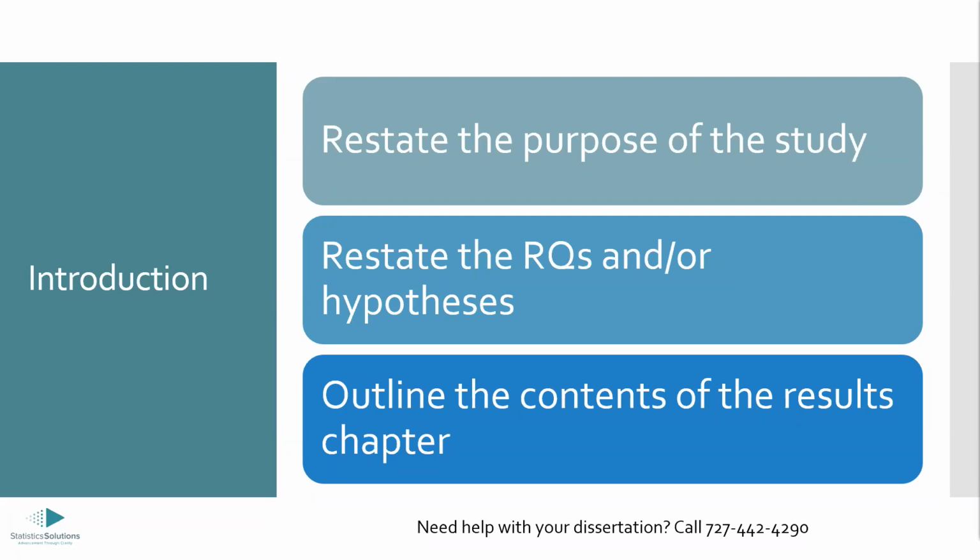This can just be a verbatim restatement of your purpose statement or an abbreviated version of the purpose statement. You'll want to restate your research questions and hypotheses, and it's important to note that throughout the dissertation, the research questions and hypotheses should be stated in the exact same way whenever they appear. The wording of the research questions and hypotheses should never change throughout your document.